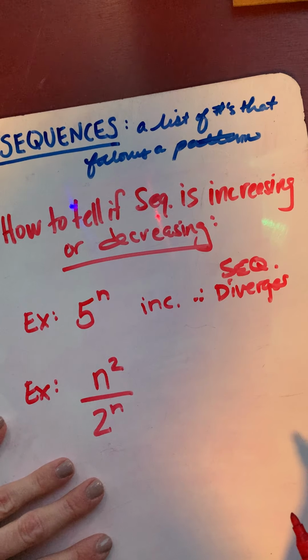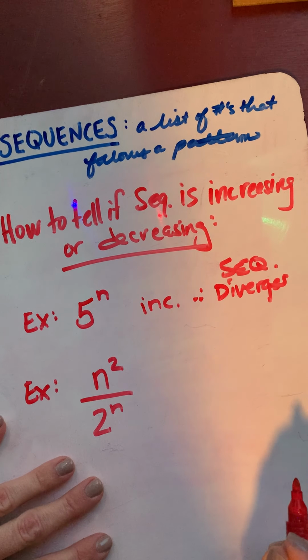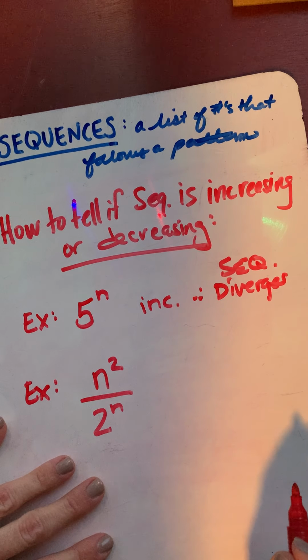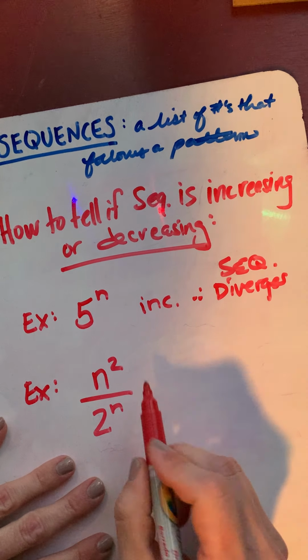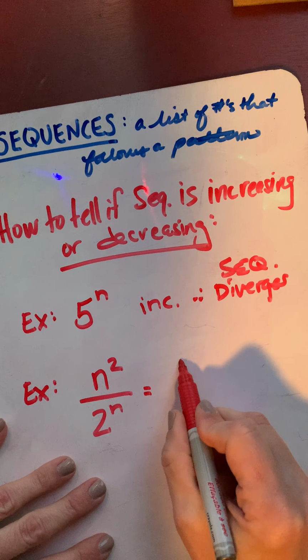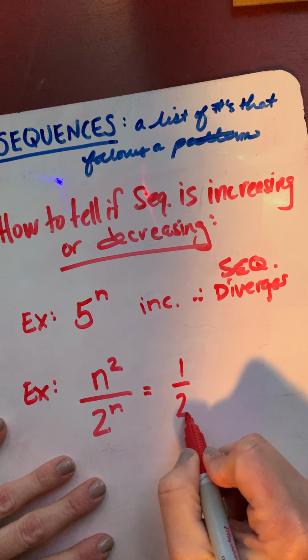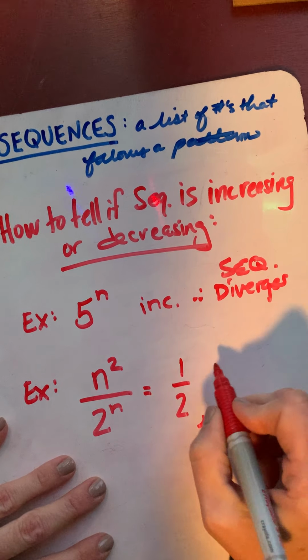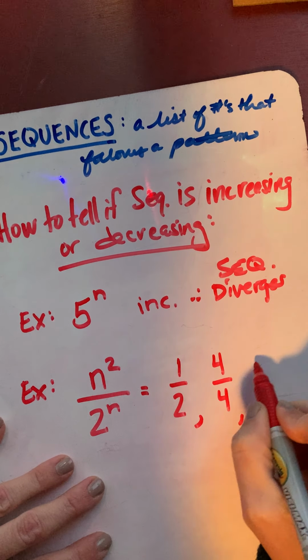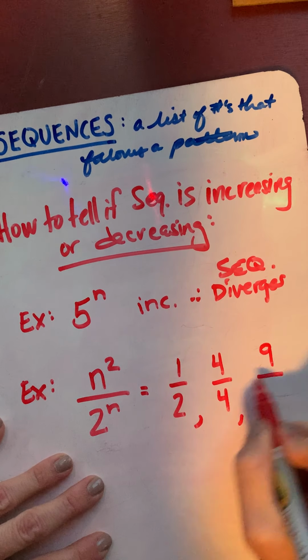You can get the first few terms, but things are going to get potentially a little funky, and you don't want to always plug stuff in. You can. Let's say you decide to plug in a few things. Let's say we start at 1. I'm going to have 1 on the top, 2 on the bottom. Plug in 2, I'm going to have 4 over 4. Plug in 3, I'm going to have 9 over 8.